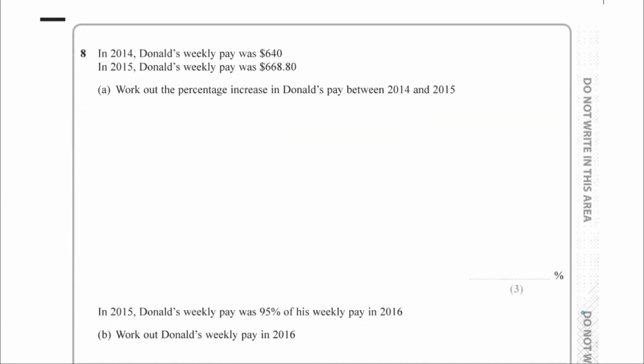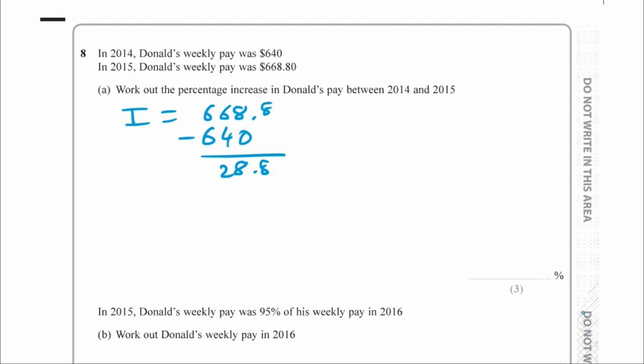In this next question here, we have to try and understand the percentage increase in Donald's pay from 2014 to 2015. His increase in pay here is 668.8 minus 640. And so for the amount of money that he earned, that's a little bit extra here, it is $28.8.